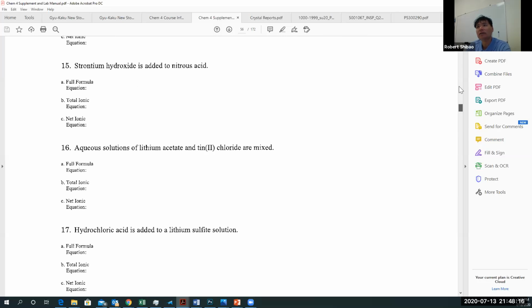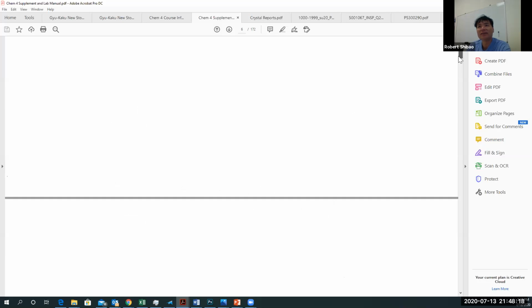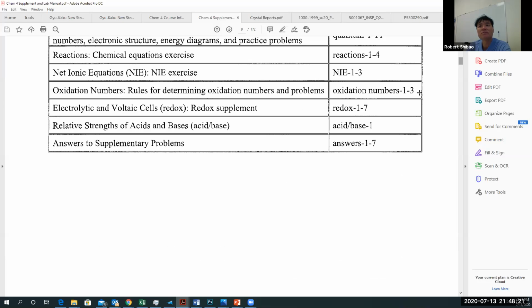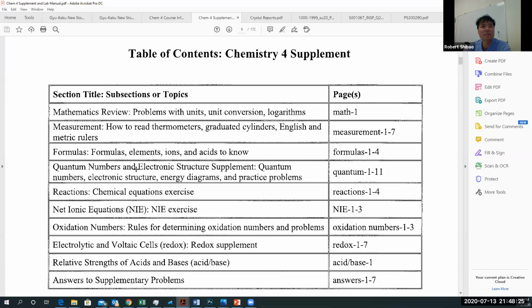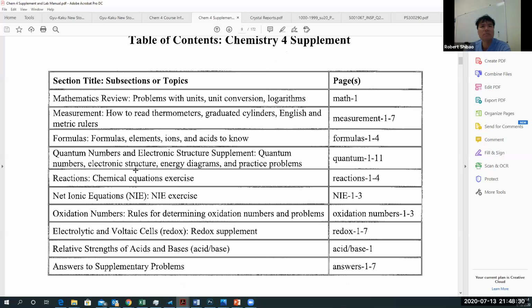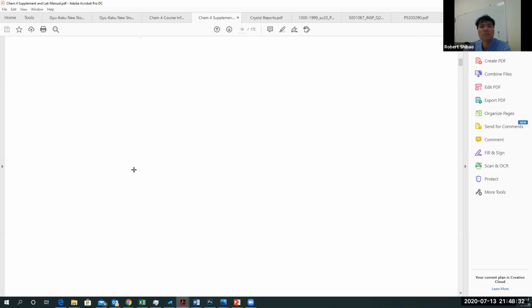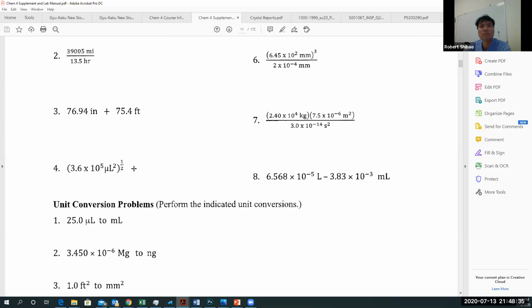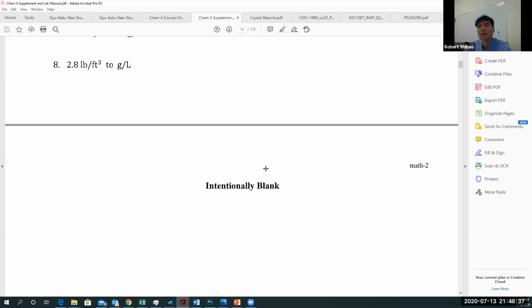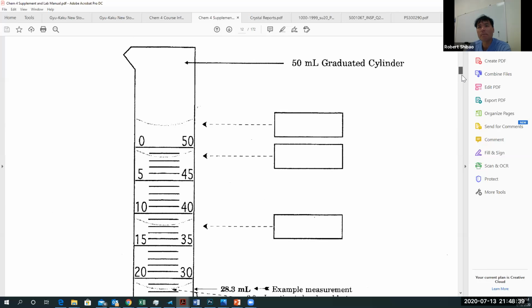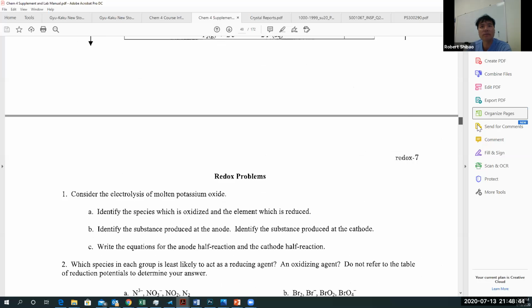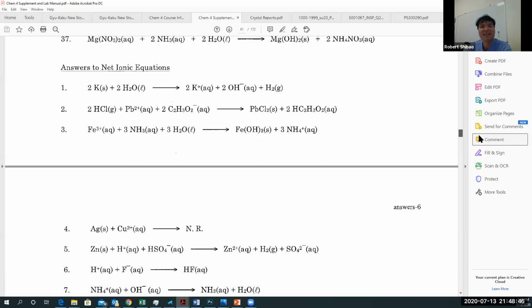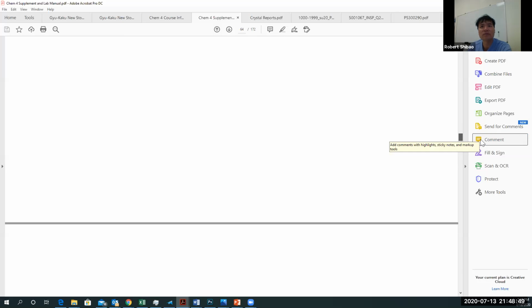Common acids. Let's see. Is there a table of contents here? This is divided into two. So this is the supplement first, and then there's the lab. So it's going to be in the lab section. Sorry, should have looked at this before.